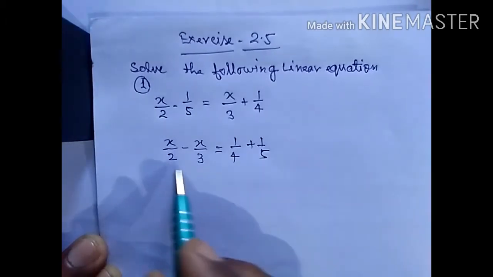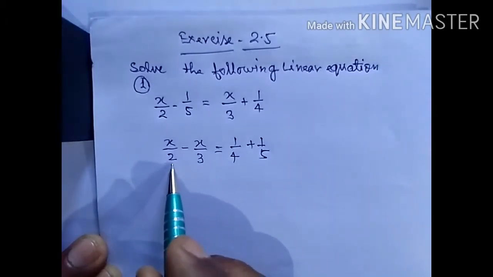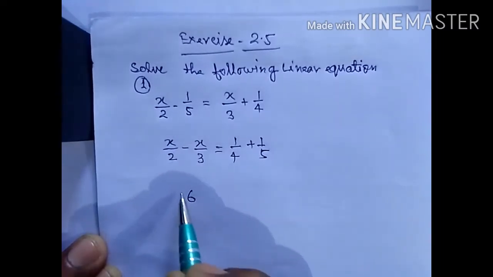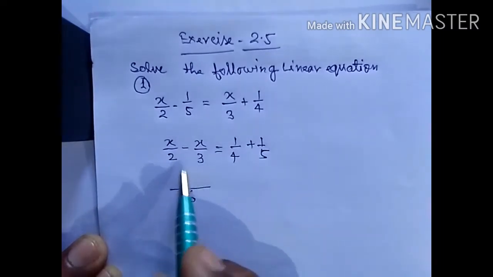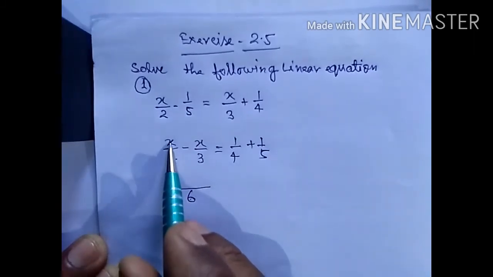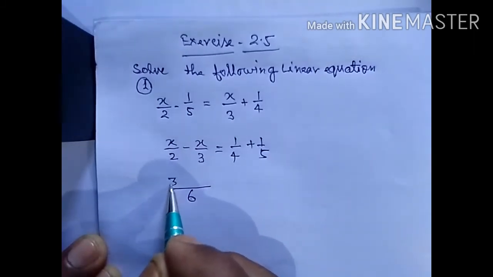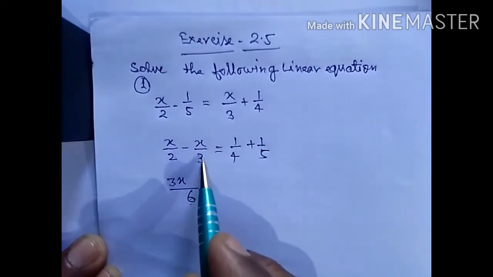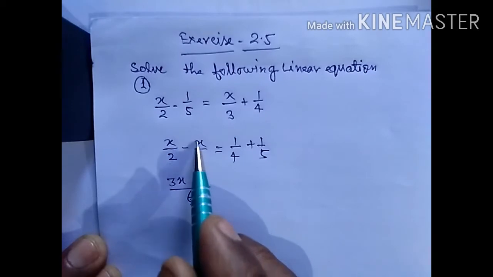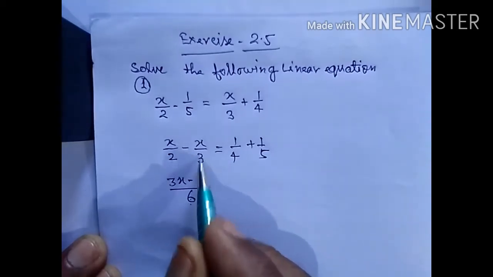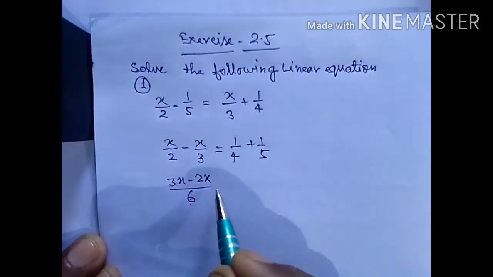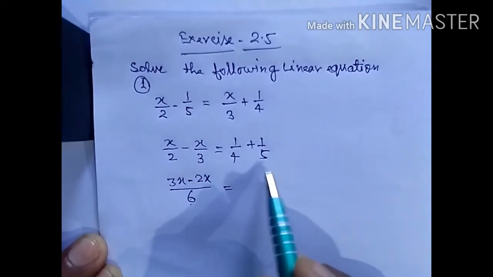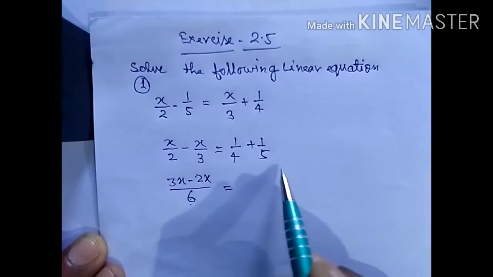Now take the LCM of 2 and 3, which is 6. After taking the LCM, 2 3s are 6, so 3 into x, that is 3x, and 3 2s are 6, so we multiply this by 2, so it will be minus 2x is equal to, the same way, we take the LCM of the denominators on the right hand side.